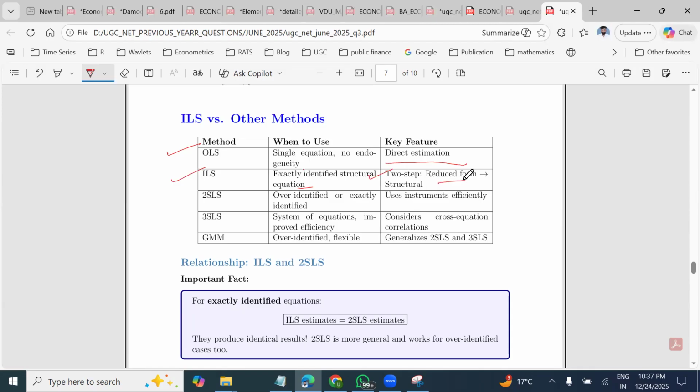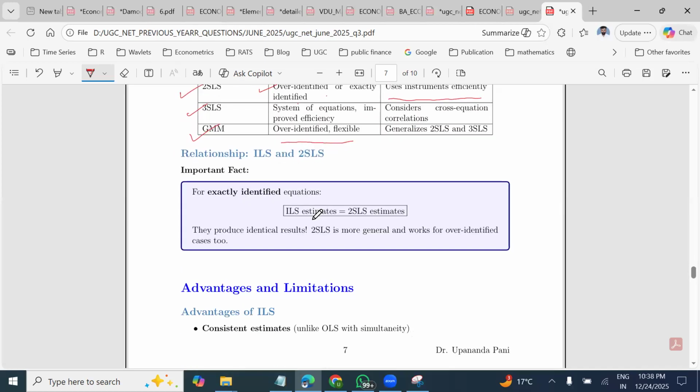First is the reduced form: you derive the reduced form equation from the structural equation. Then 2SLS, 2 stage least squares, where the equation is over identified or exactly identified; it uses the instruments efficiently. 3SLS is a system of equations method with improved efficiency. Then GMM, generalized method of moments, is also used for over identified equations.